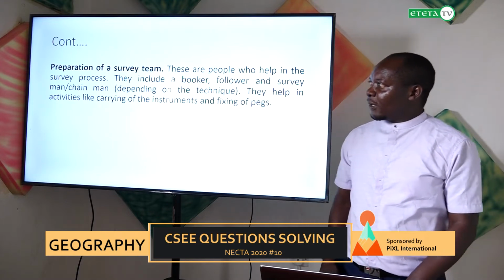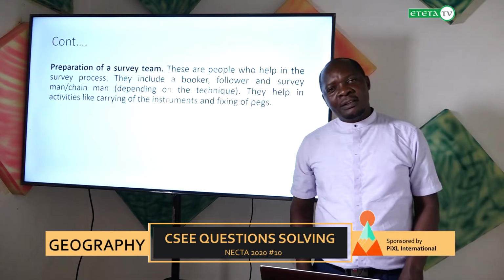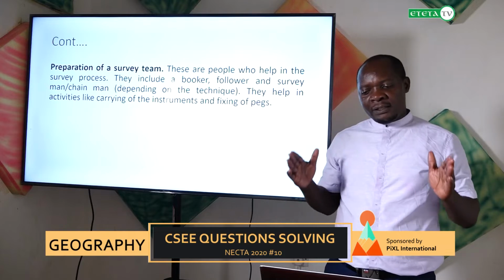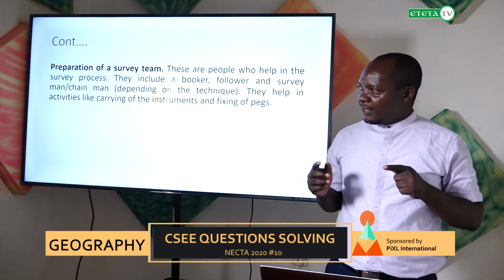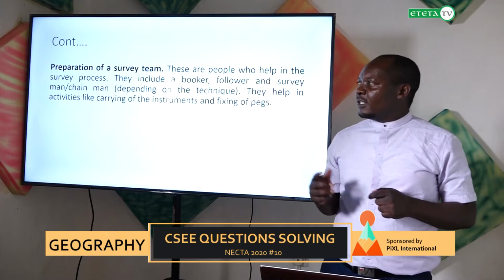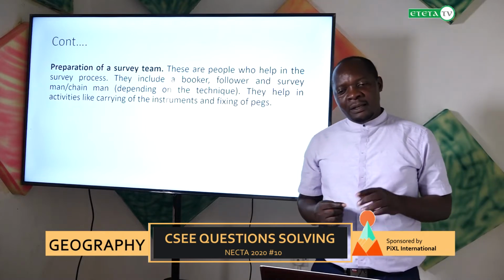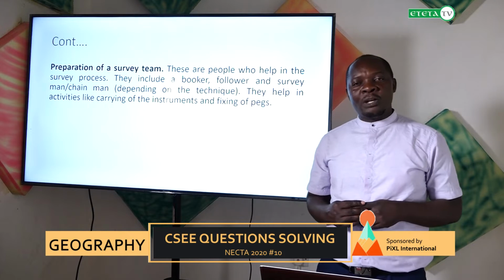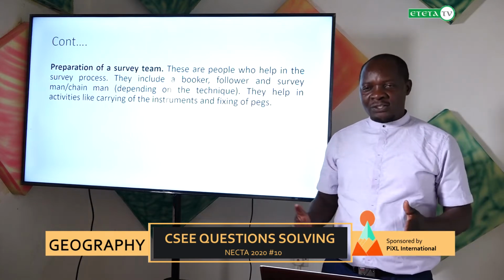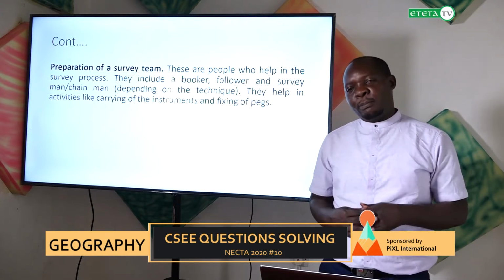Number 3, preparation of the survey team. The surveyor has to prepare the survey team just before going to the field to conduct the survey. The survey team are the people who are going to assist the surveyor in the surveying process.